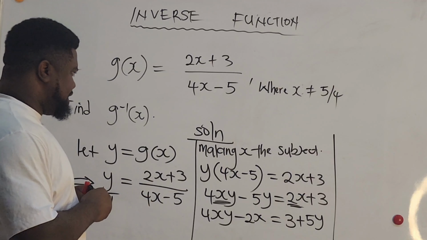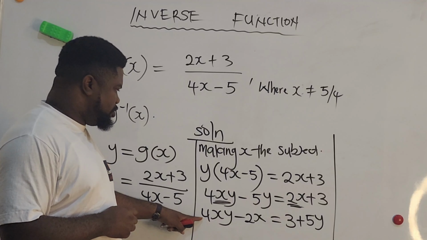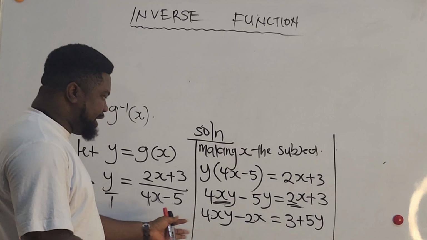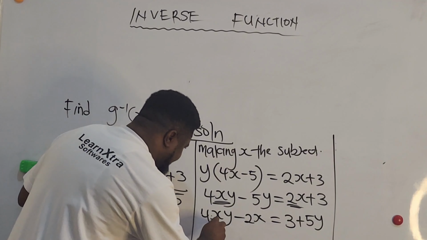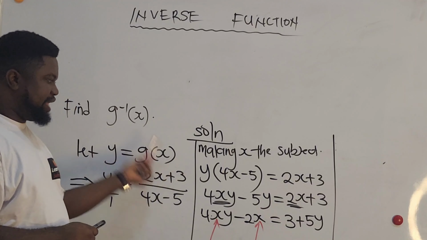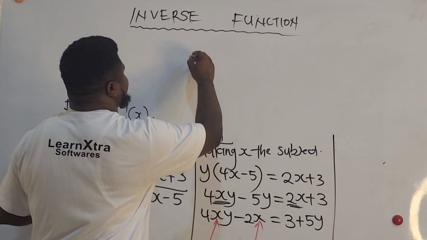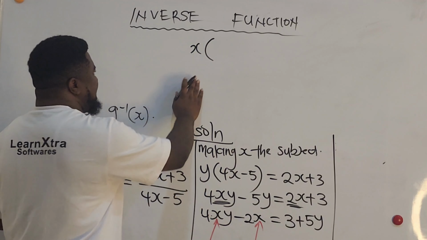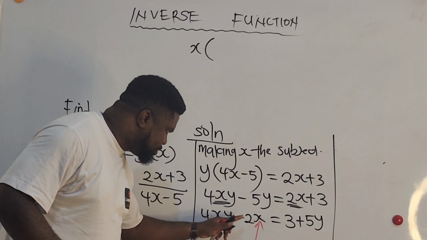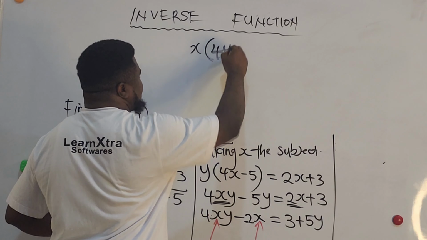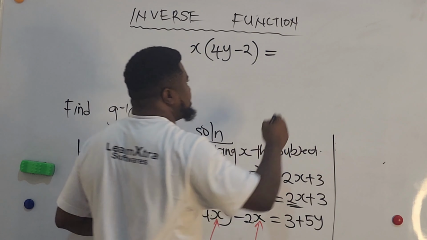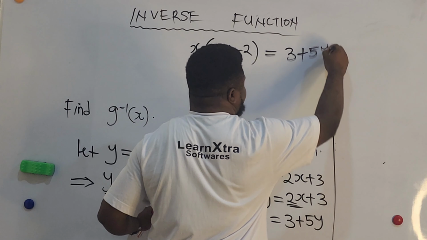So now what happens? Let's factor out x from the left hand side. When I factor out x from the left hand side, I will have x into, apart from x, what else can we see on the left hand side? 4y minus 2. And that is equal to 3 plus 5y.